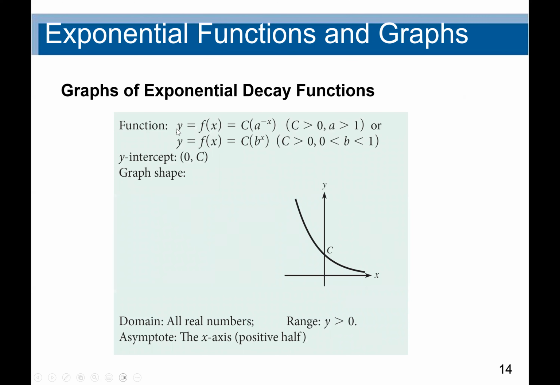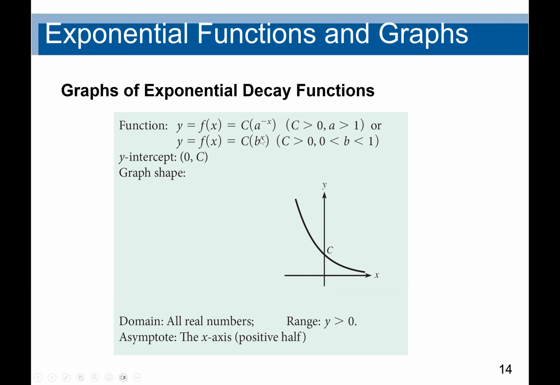So the condition here says if y equal to f of x is equal to c times a to the power -x, if c is greater than 0 and a is greater than 1, then we have an exponential decay function because the exponent is -x. So it will be a reciprocal, 1 over a to the power x. So when x is increasing, getting bigger, the y value will decrease.